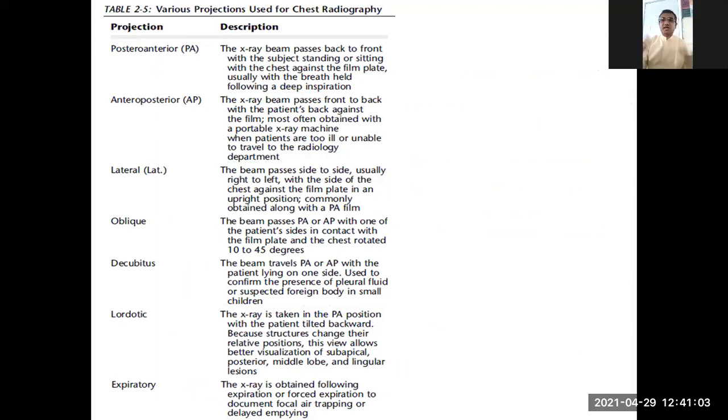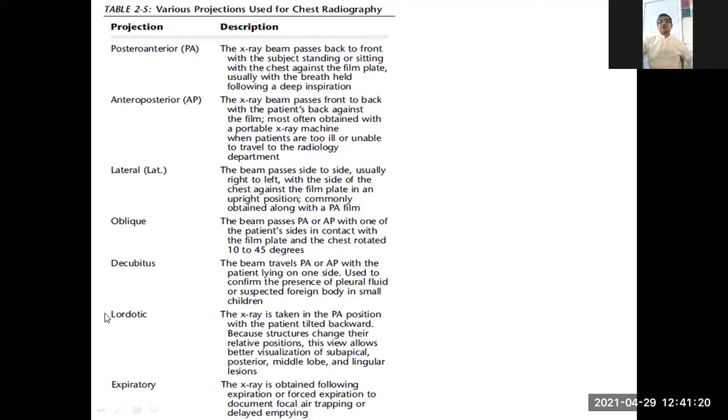This is AP, front to back. Lateral beam means from right to left or left to right. Either side they will put a plate and from the other side they will expose the X-ray.